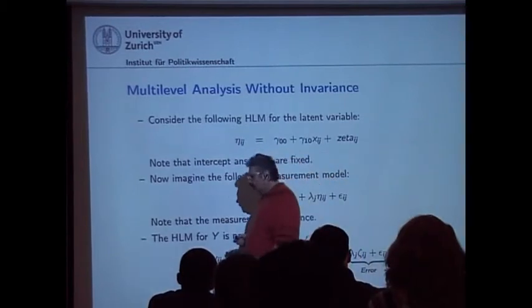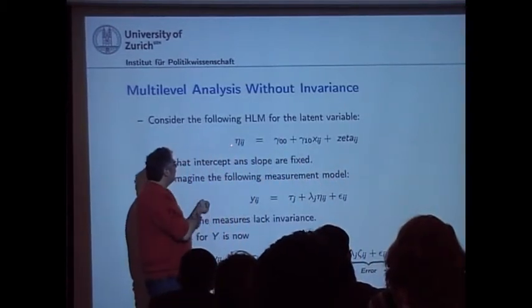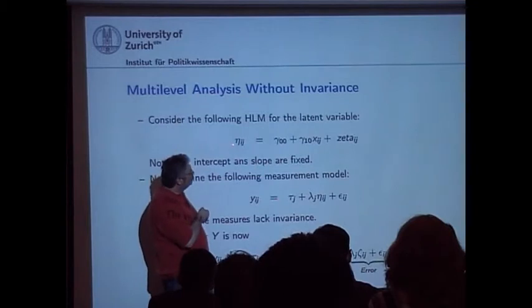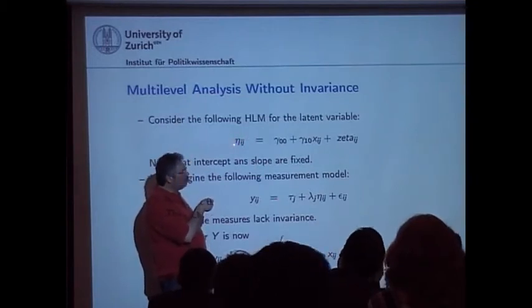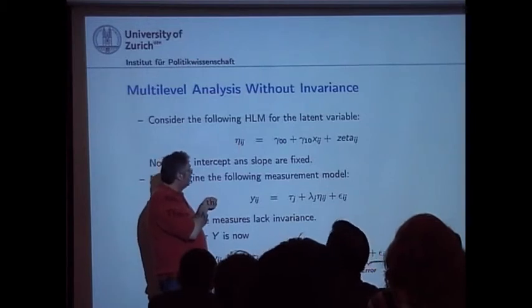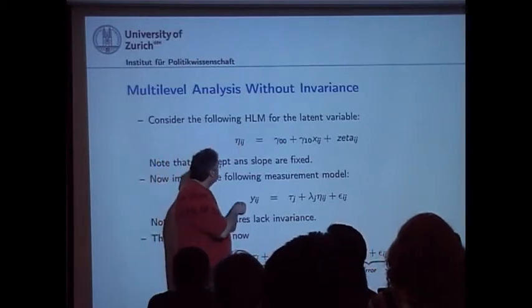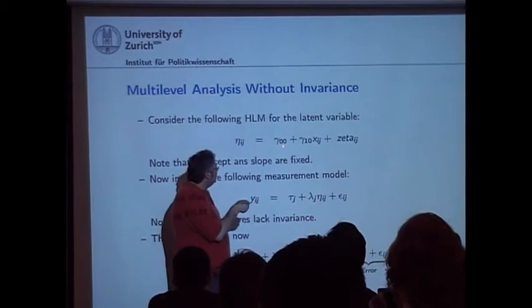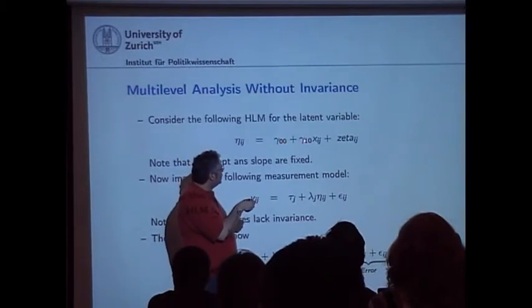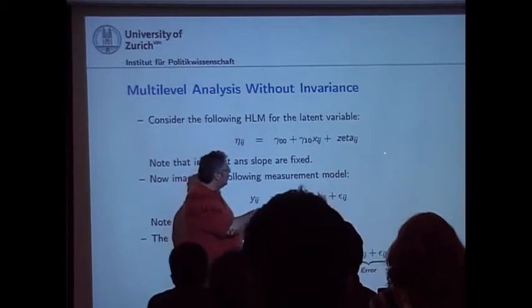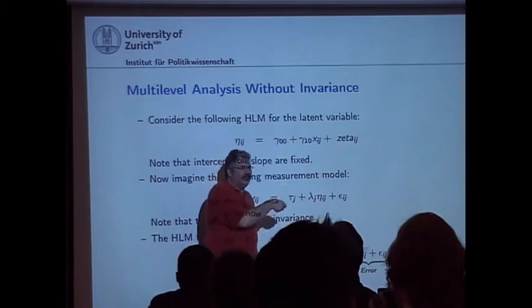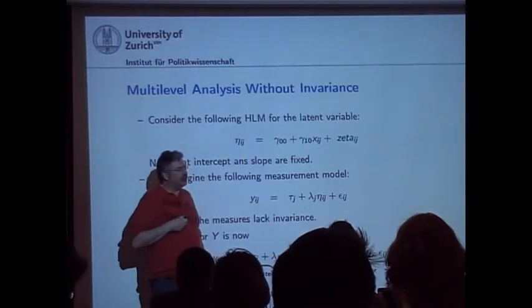Well, here's an example. I have a model here, which is a hierarchical linear model stated at the level of the latent variable. So eta_ij is equal to gamma_00 plus gamma_10 x_ij plus zeta_ij, where that is unexplained variance in the eta.